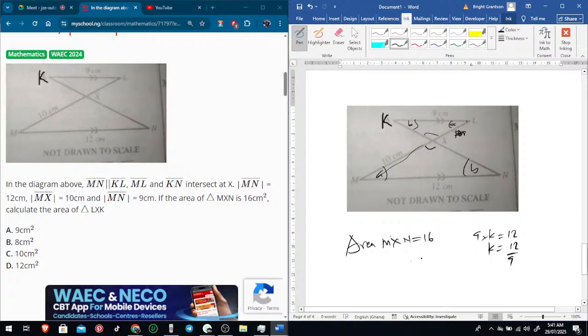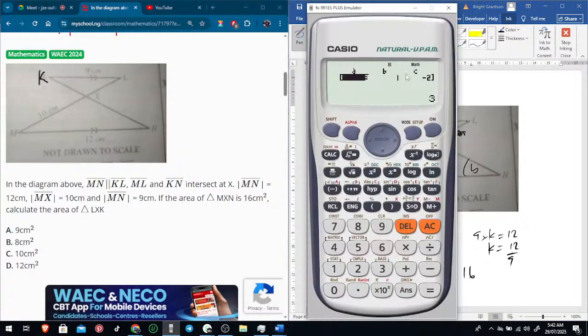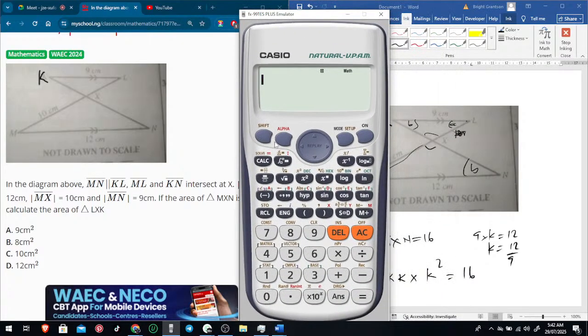That means big over small. So the area of LXK times the scale factor squared should give you the 16. Because we are dealing with area, that's why you square it. The volume is going to be cube. Let's check if we get the answer correct.